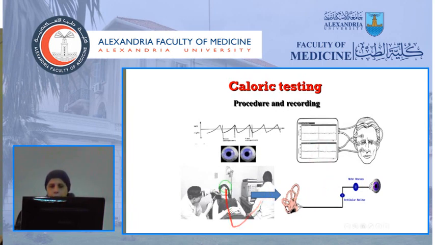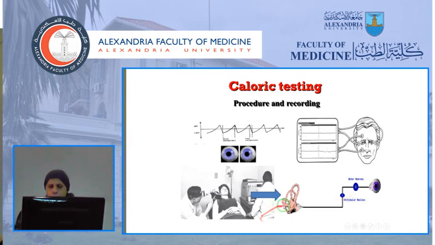So if we have a current occurring in the semicircular canal, in particular the lateral horizontal semicircular canal, we will get the endolymph moving, and when it moves, it moves the cupula. If we use warm water, it will move the cupula towards the vestibule, and this will create what? It will create a stimulation, and we will have the vestibulo-ocular reflex.